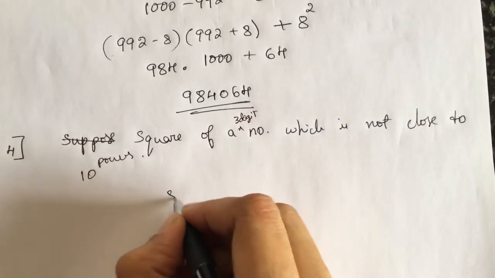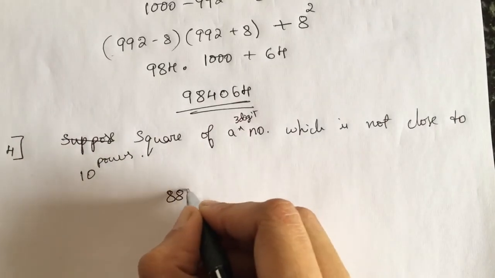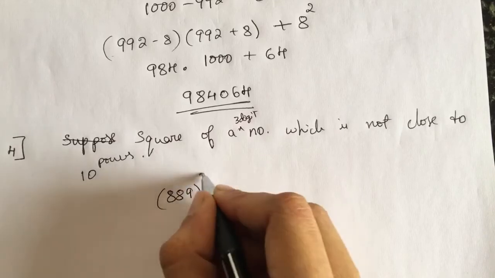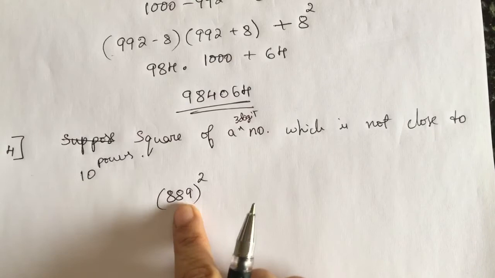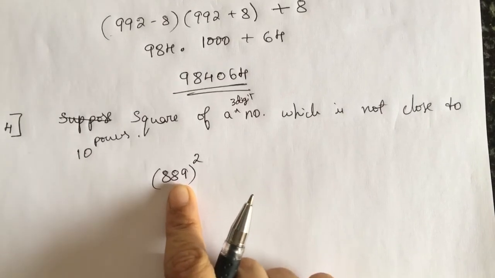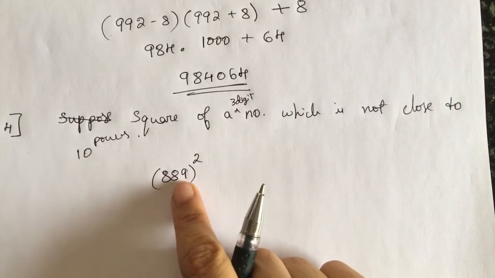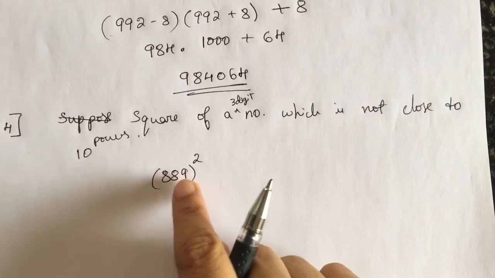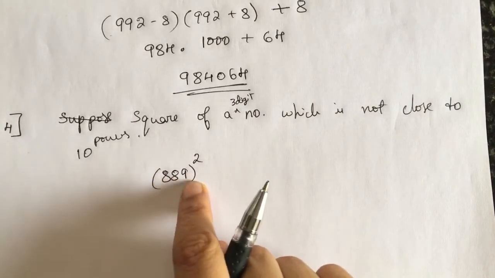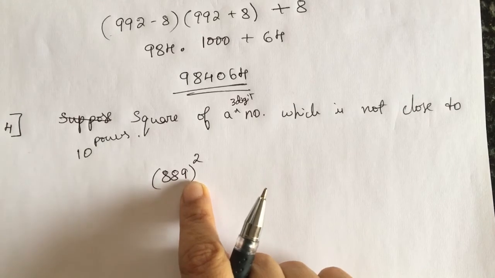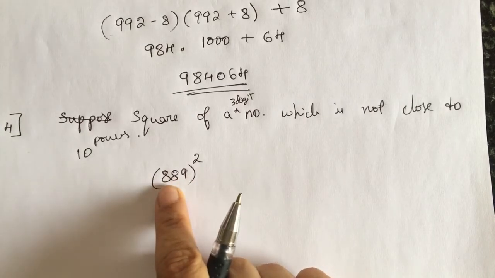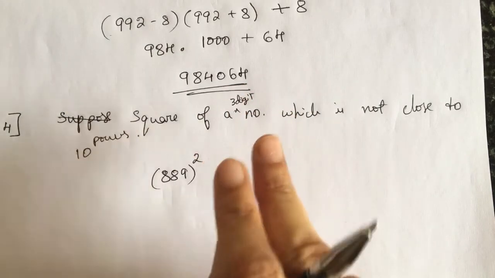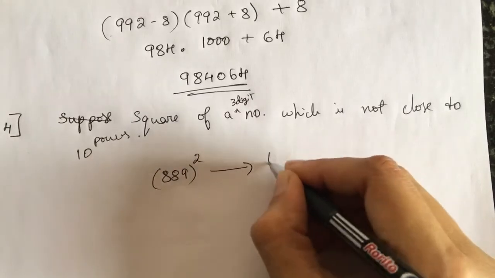Say suppose you have 889 square. You need to calculate this. When this is the case, what you have to do is find the number which is near to this, which has many zeros. Like if it's a 3-digit number, then you need to find a number which is near to this, which has got 2 zeros.